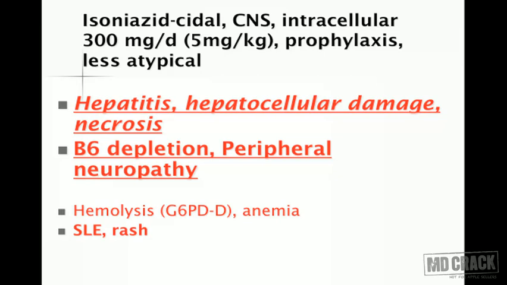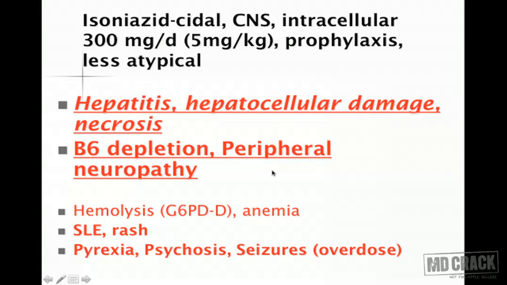Isoniazid is known to precipitate SLE-like syndrome, systemic lupus erythematosus-like syndrome. The picture in the patient looks like SLE and the patient has skin rash. So that's the next adverse effect of INH. And lastly, isoniazid is known to produce hyperpyrexia, a temperature balance irregulation, and this is why the patient can get pyrexia, that's fever.